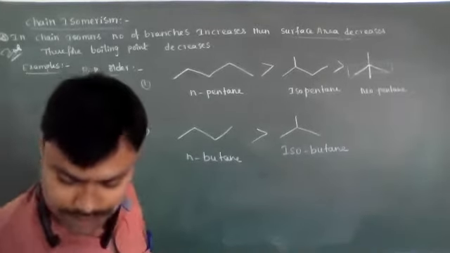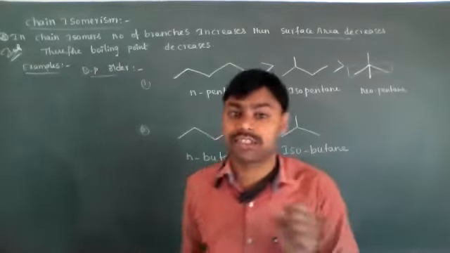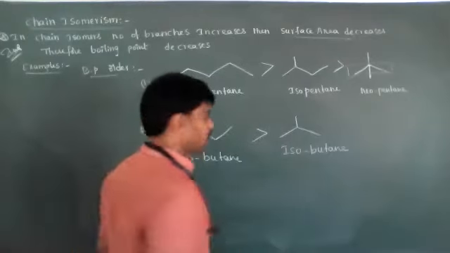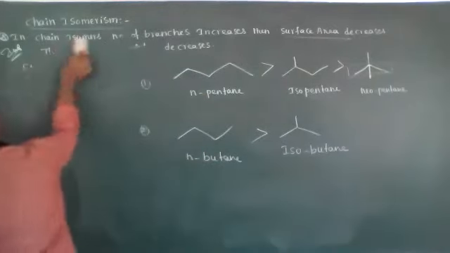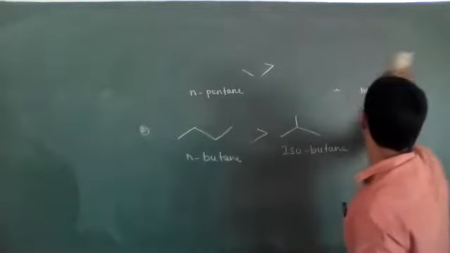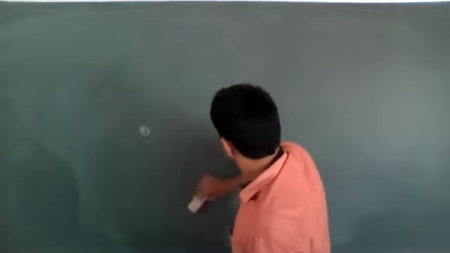Okay. Next, the second important structural isomerism is positional isomerism. The second one is what, dear students? Positional isomerism. Let's see positional isomerism.